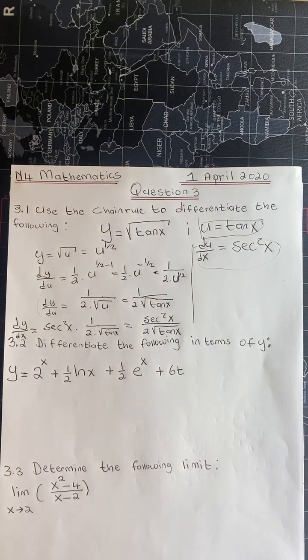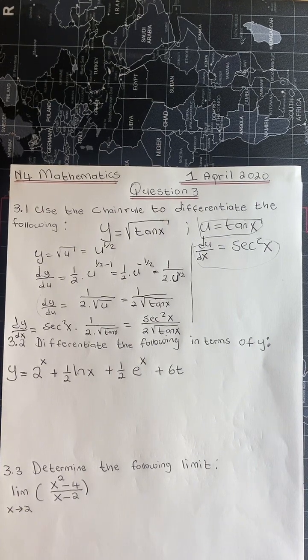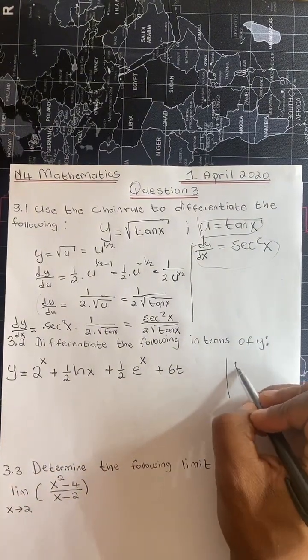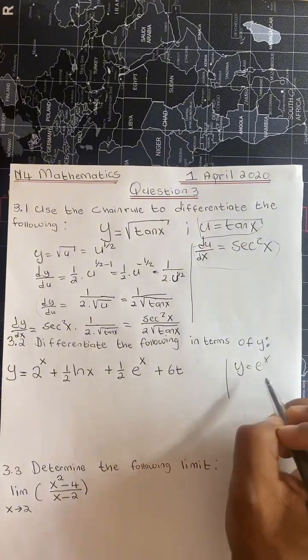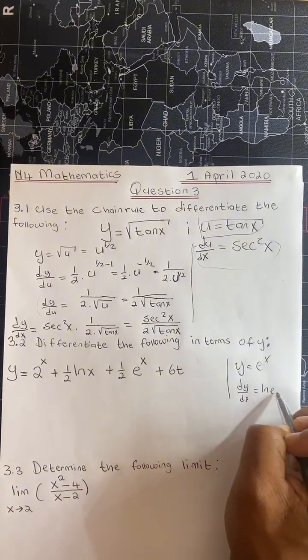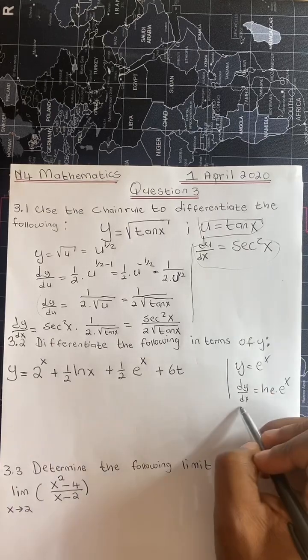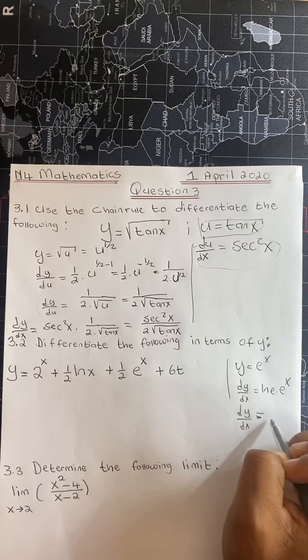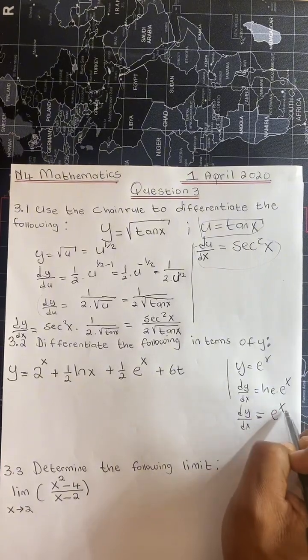Question 3.2, we have to differentiate the following: y is equal to 2 to the power x plus 1 over 2 ln x plus 1 over 2 e to the power x plus 6t. So we know that when we have y is equal to e to the power x, when we differentiate this with respect to x, we get ln e multiplied by e to the power x, but ln e is equal to 1, so this will just be e to the power x.